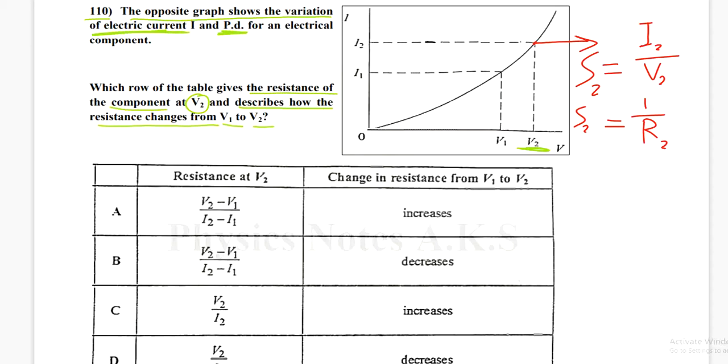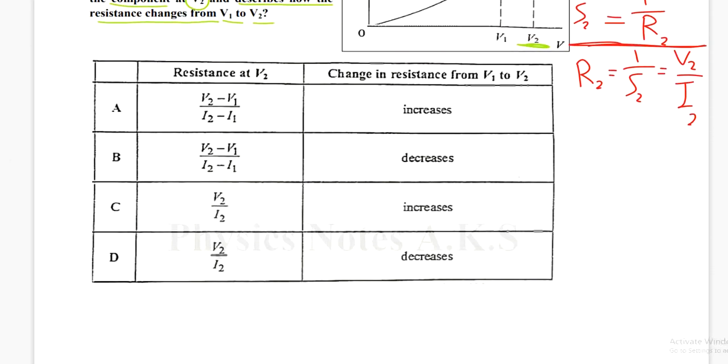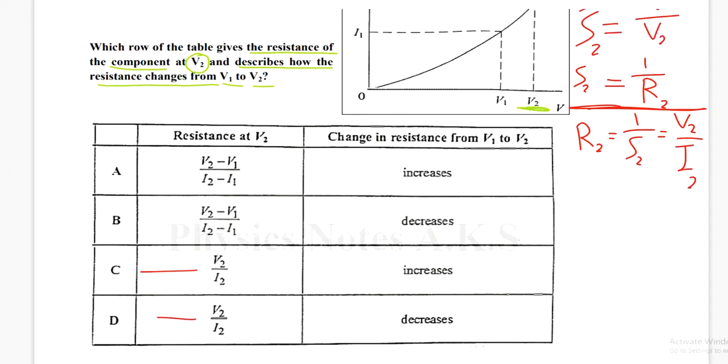So R2 is going to be 1 over S2, which is V2 over I2. So to find the resistance, it's either this option or this option, V2 over I2.